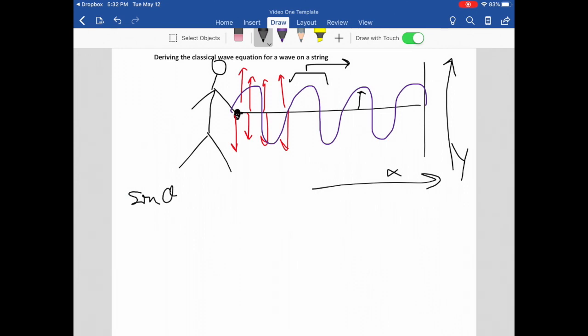Now another thing I want to say is that the speed of these crests moving, or the speed of these pulses on the string, is governed not necessarily by properties of the wave, but actually by properties of the string.